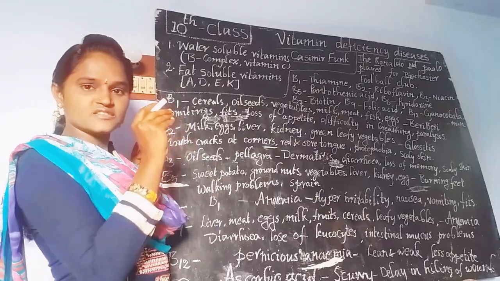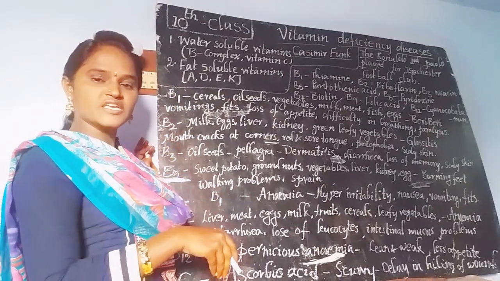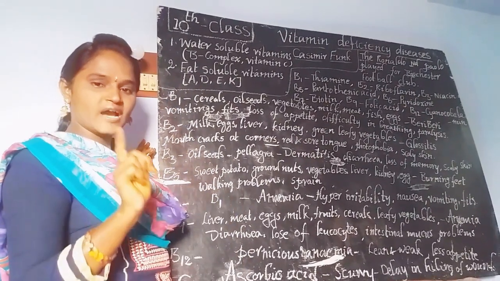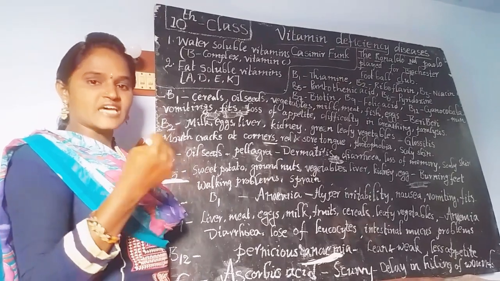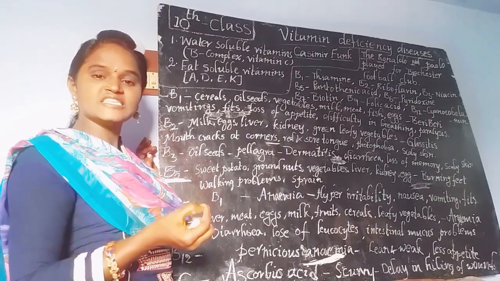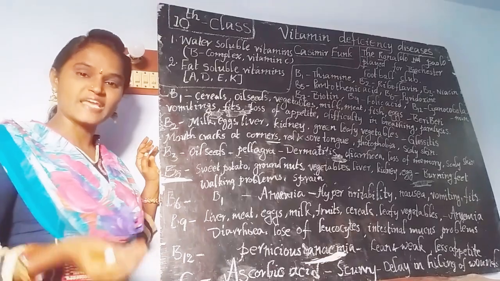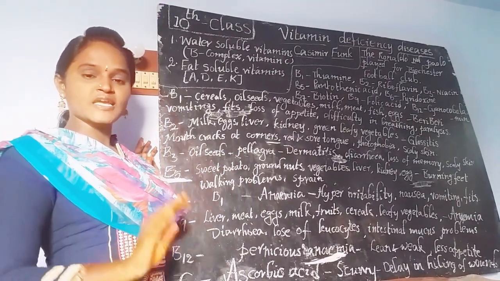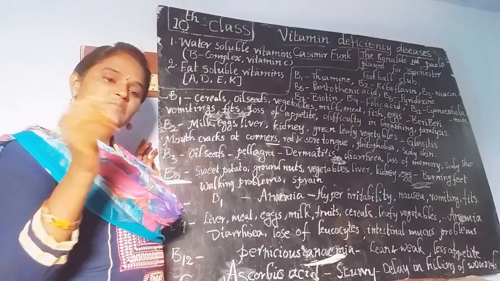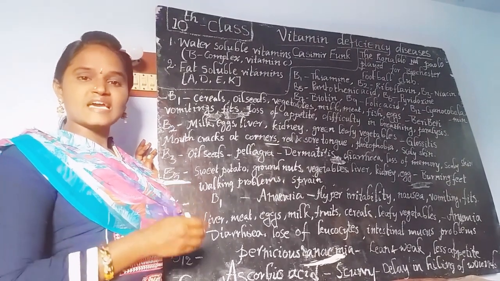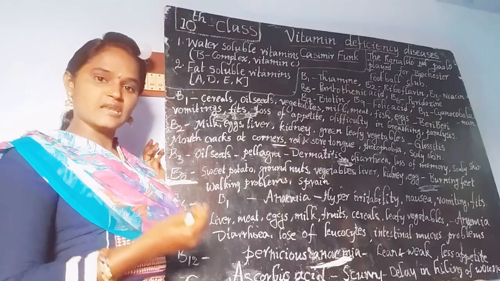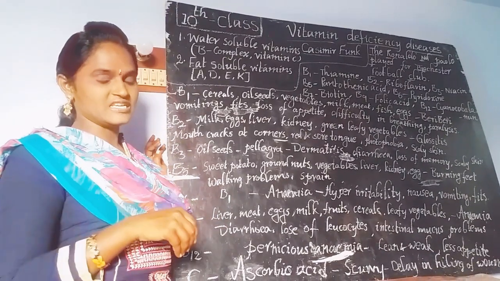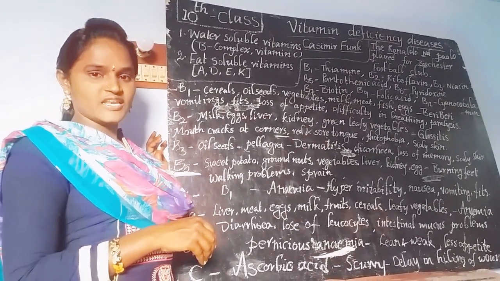And how can we get these nutrients into our body? In two ways. One is in the form of diet. The food we eat also contains vitamins. By consuming food, we get the vitamins into our body. And the second way, some of the vitamins may be synthesized in our body with the help of bacteria present in the small intestine.